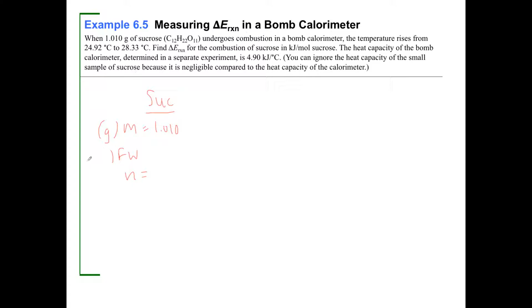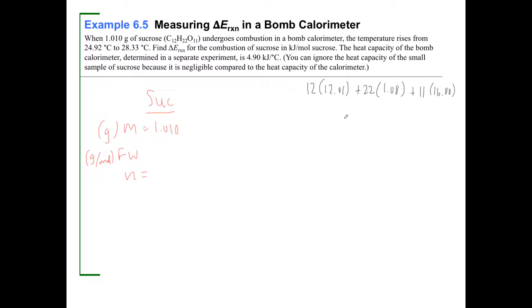And the formula weight in grams per mole, right? Let's go to a different color for a second. Let's go to black. So that's 12 times 12.01 plus 22 times 1.08 plus 11 times 16.00.